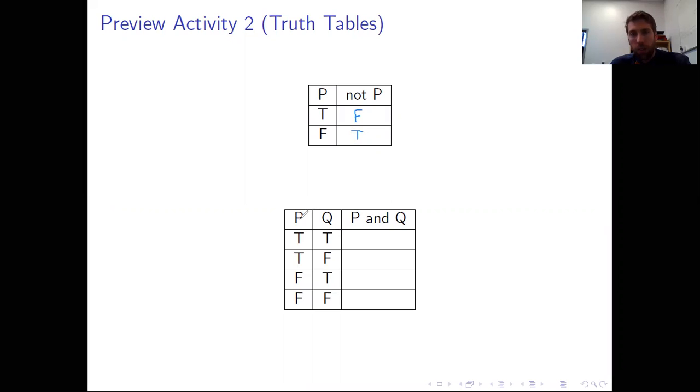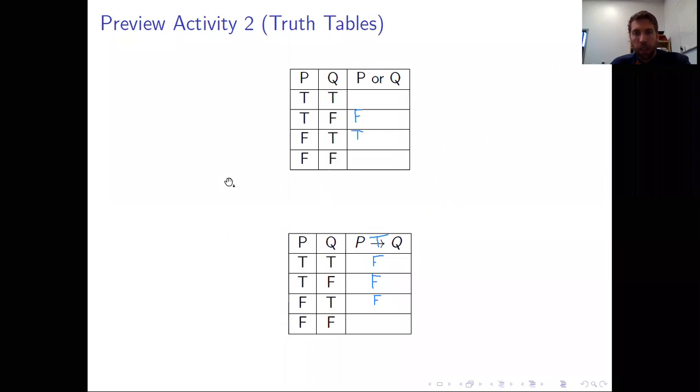Now if you've got P and Q, then this is true if they're both true, and it's false otherwise. So those are the truth tables for not P and for P and Q.